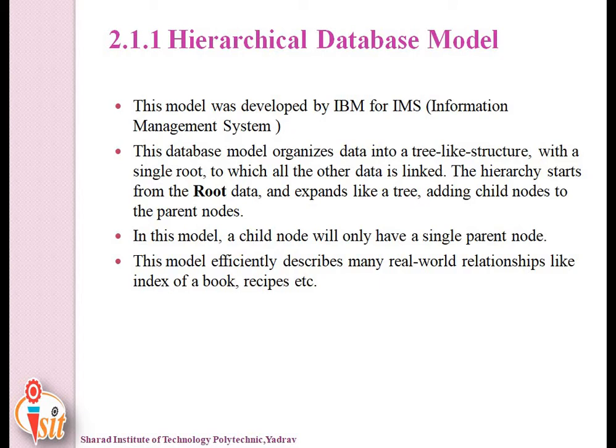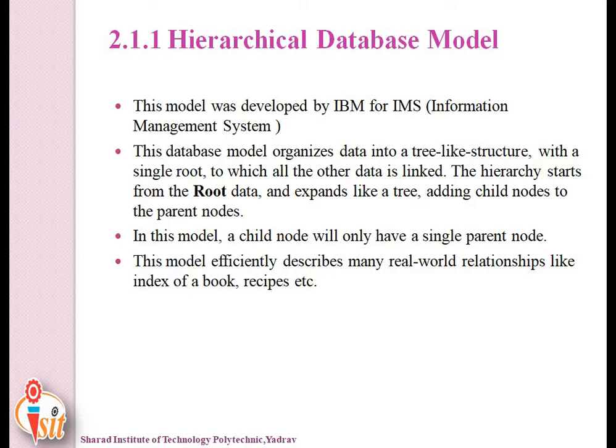This model efficiently describes many real-world relationships like the index of a book, recipes, and so on. In the hierarchical model, data is organized into a tree-like structure with one-to-many relationships between two different types of data. You must remember that the hierarchical model uses one-to-many relationships between two types of data.